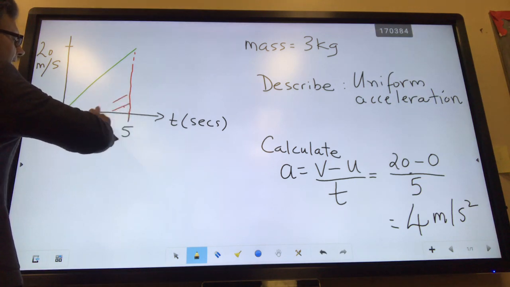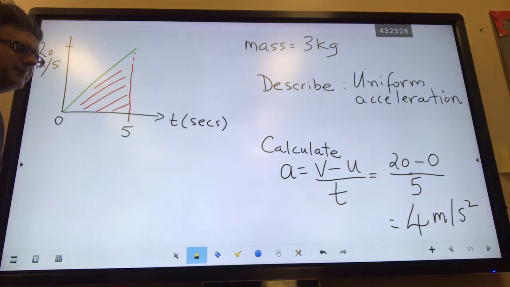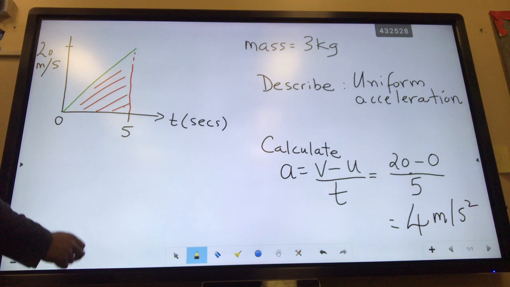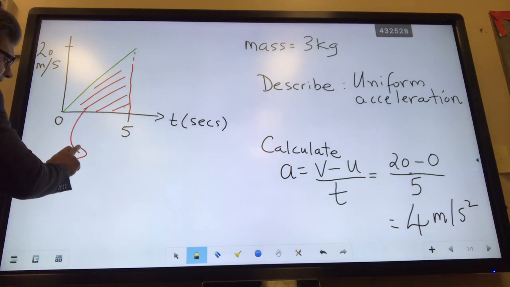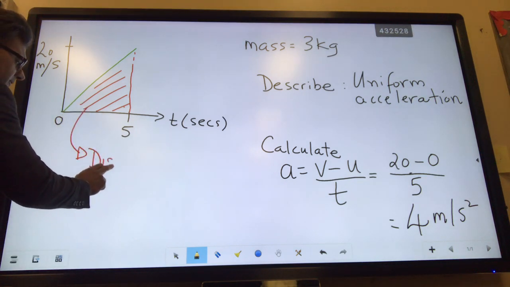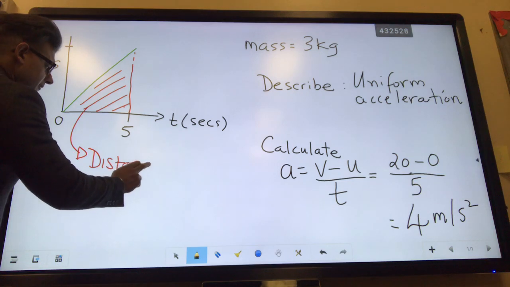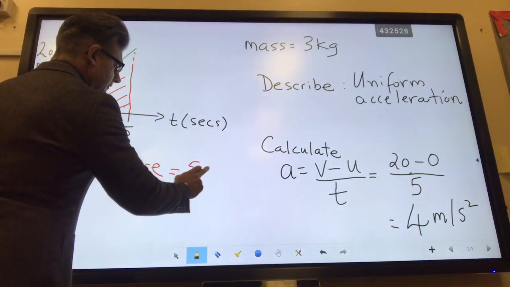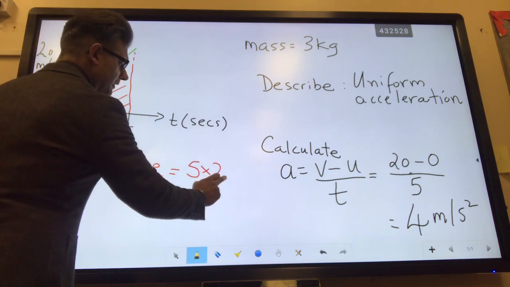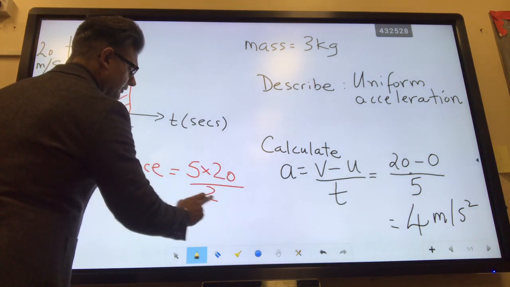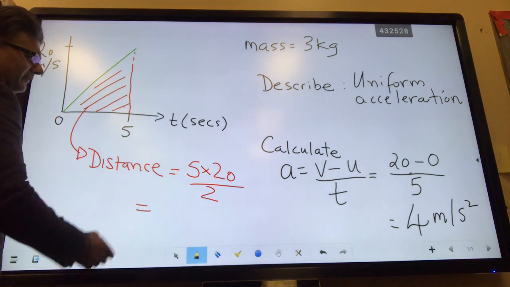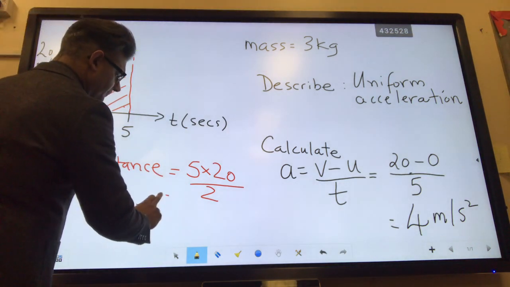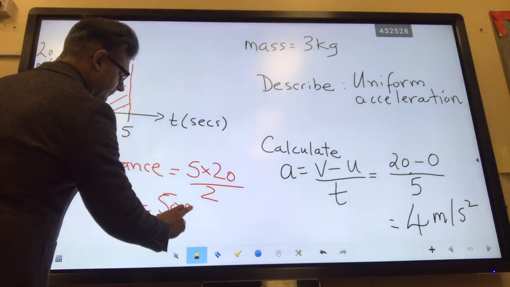Because we've got the shape of a triangle, the distance travelled is going to be equal to 5 times 20, divided by 2. In a sense, we have 50 meters travelled altogether.